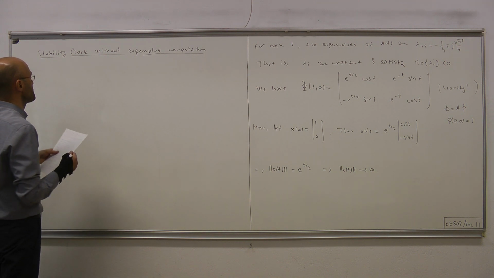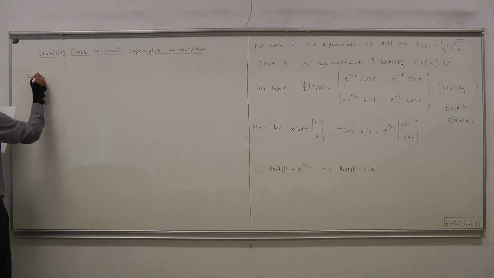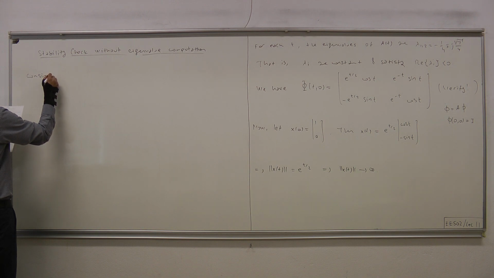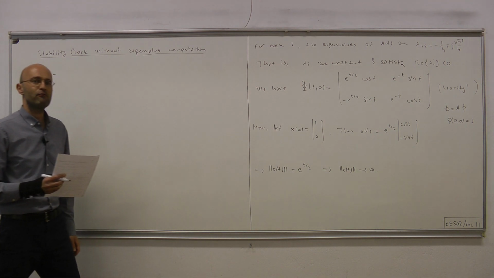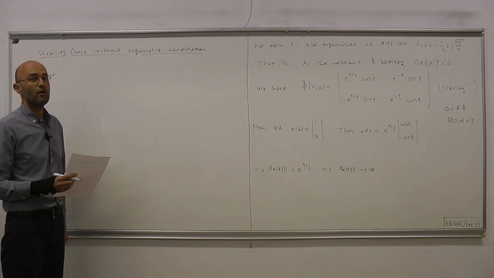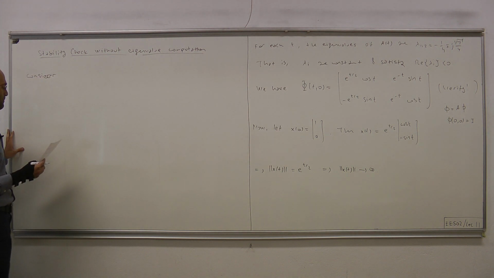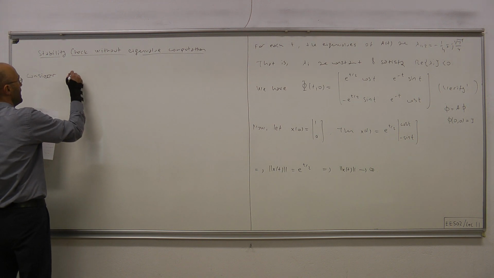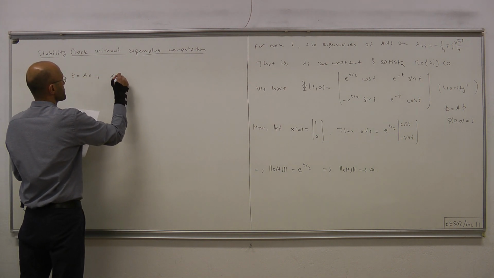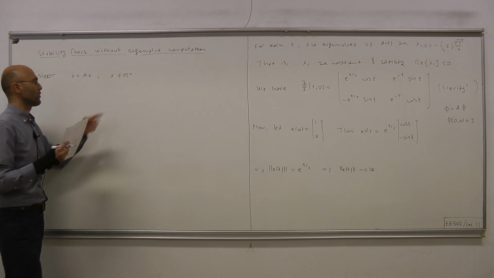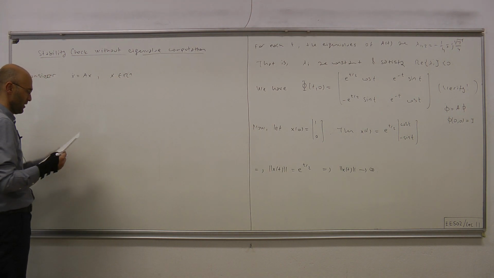Now, let's try to motivate our method, which eventually we will formalize under the name Lyapunov stability method. Consider an LTI system x dot equals Ax, where x is in R^n, so we're talking about an nth order system.